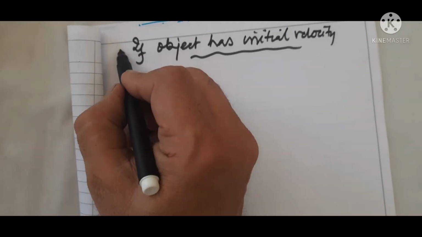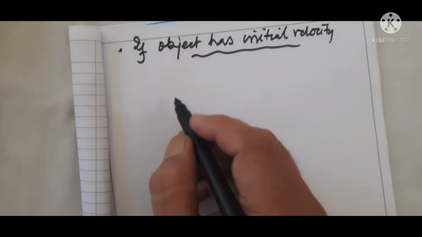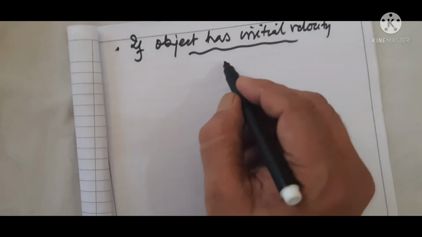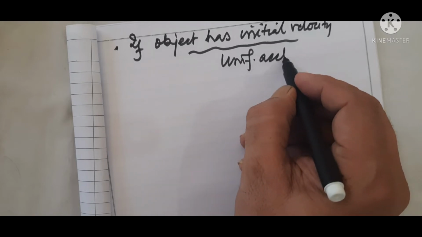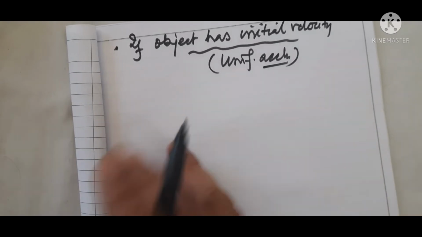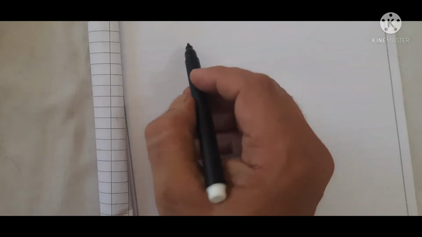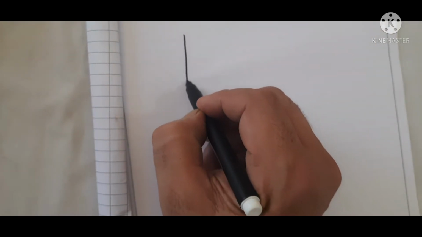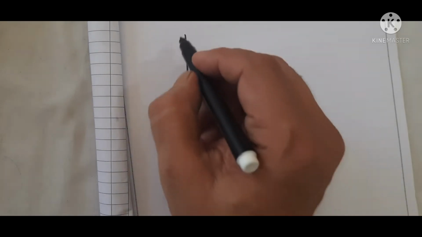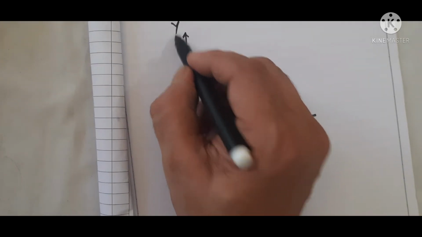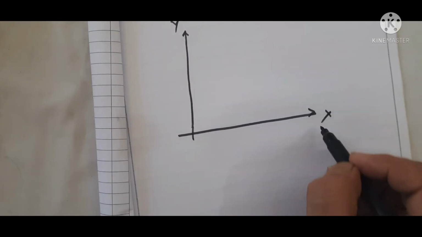If the object has initial velocity and moving with the uniform acceleration, यूनिफॉर्म एक्सेलरेशन से मूव कर रहा है ऑब्जेक्ट और अभी इनिशियल वेलोसिटी ज़ीरो नहीं है, then again how we are going to draw it this way. This is your y axis, this is the x axis.